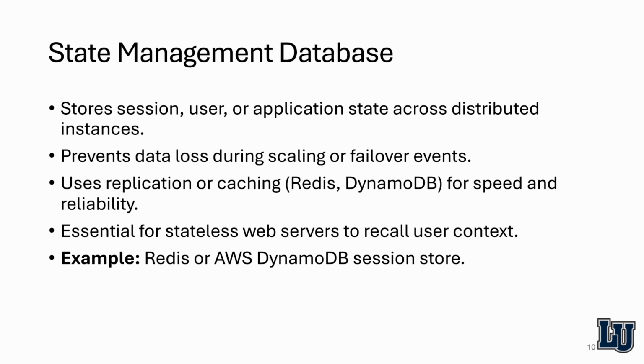It stores session tokens, temporary user data, and cache information that must persist across servers. Just last week, AWS had a regional incident involving DynamoDB, where some services experienced slowdown due to dependency issues. When state storage hiccups, everything from authentication to dashboards can lag. The database keeps the user experience seamless no matter how many servers or regions are involved.